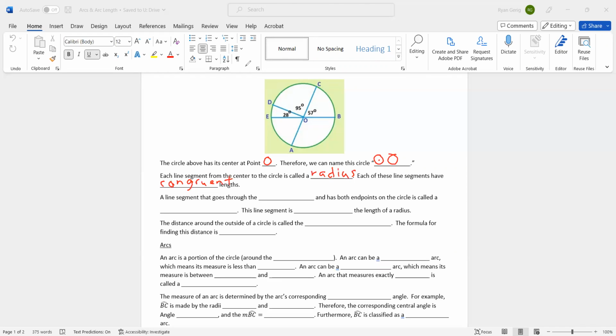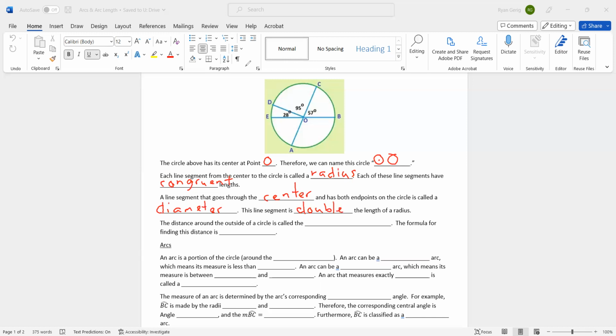A line segment that goes through the center and has both endpoints on the circle is called a diameter. Probably have heard that one as well. This line segment, the diameter, is double the length of the radius because it's two radii put together.